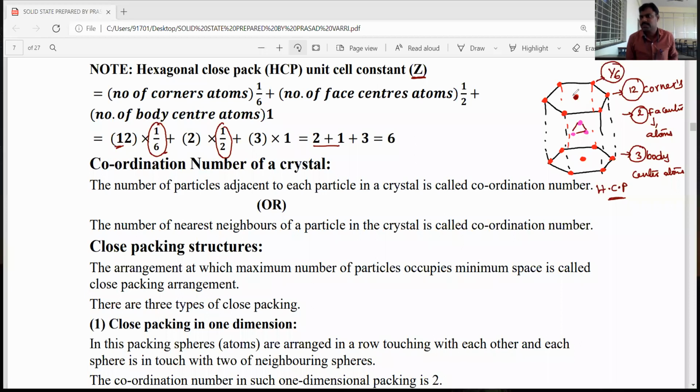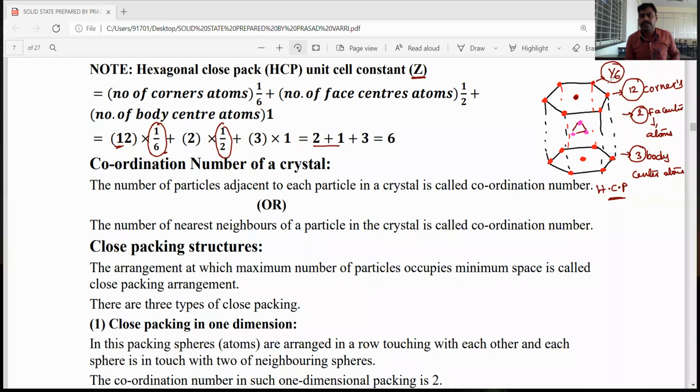That is the difference. Normally in a cubic crystal unit cell, the corner contribution is equal to 1 by 8, because a total of 8 corners are present. Here in the hexagon, in the upper layer, a total of 6 atoms are present. That's why each contribution is equal to 1 by 6. So in the HCP unit cell, that corner is shared by 6 unit cells.